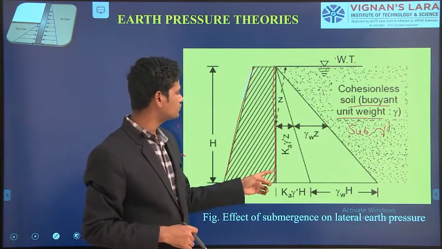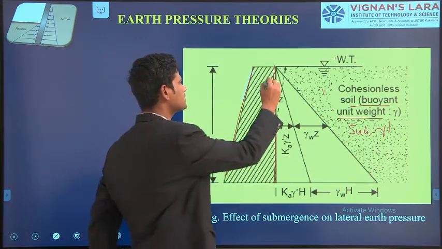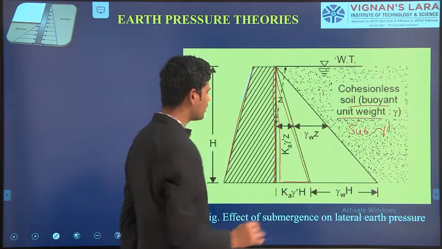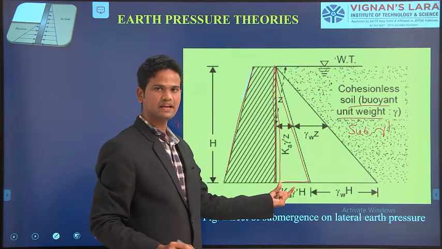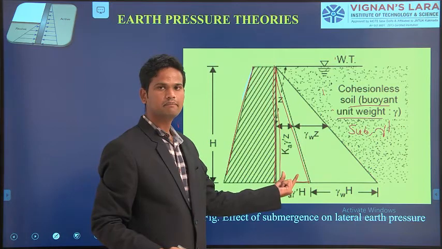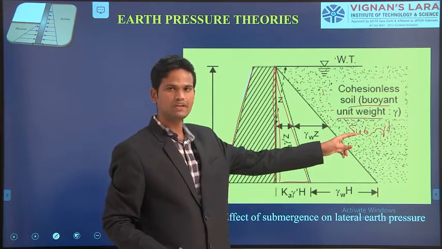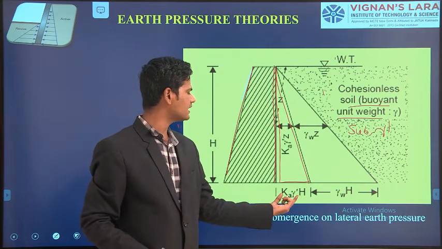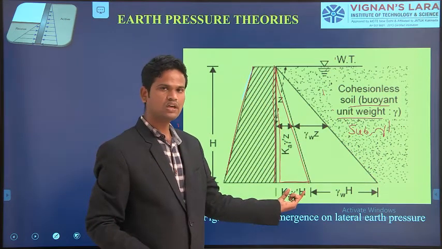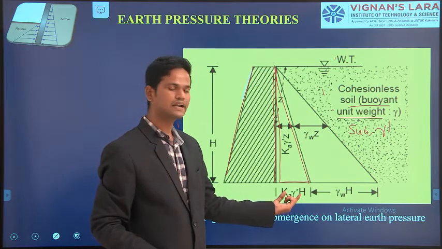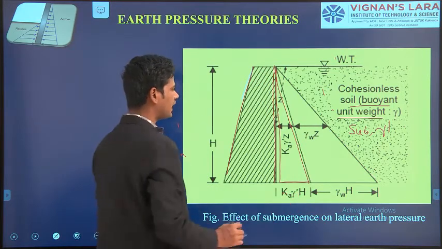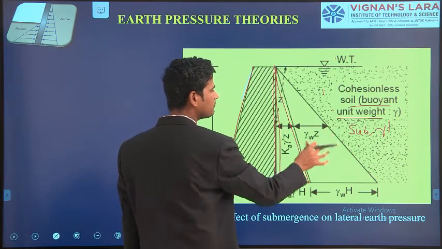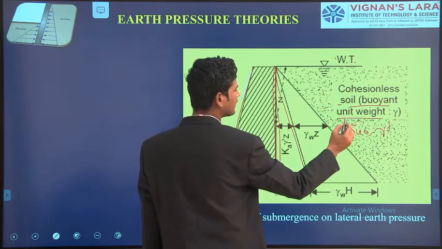And again, if you check this diagram, in this triangle, one portion of pressure is created on the wall due to the pressure of soil. What is the soil available here? The soil will create some pressure on the wall. That pressure we are taking as Ka into gamma prime into H. Already we know how to calculate this submerged unit weight. Again, if you see one more triangle, this second triangle is there because of the water available here.